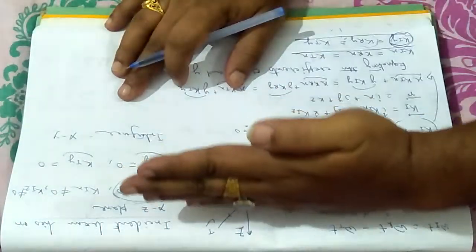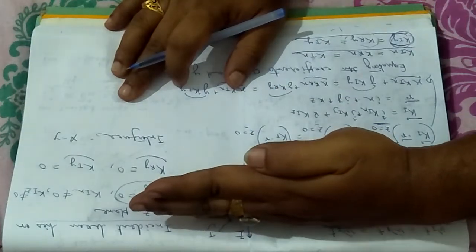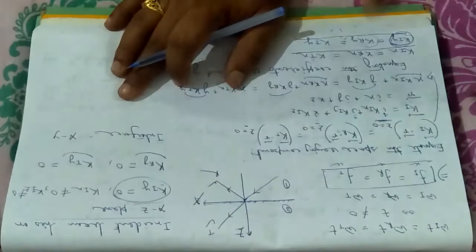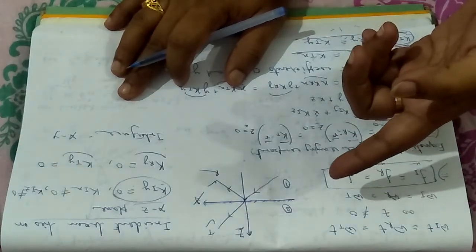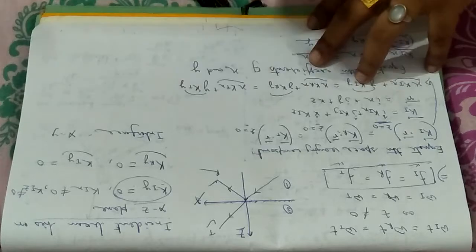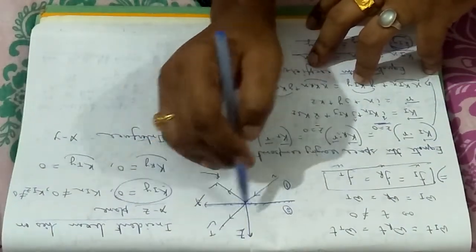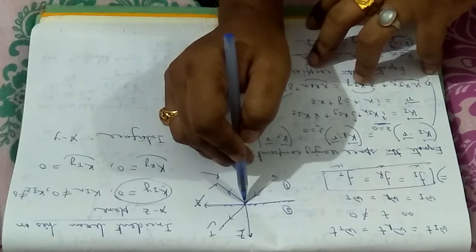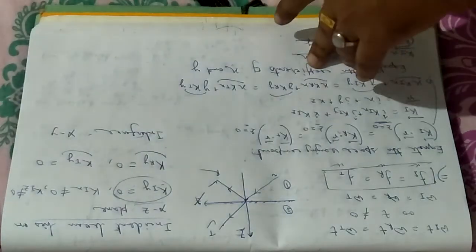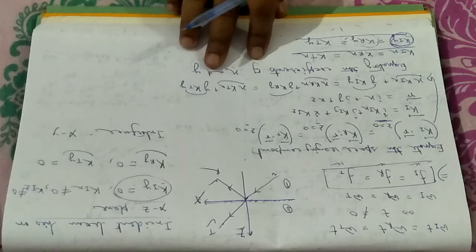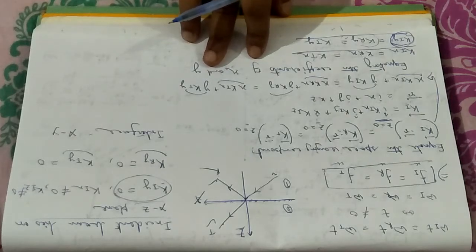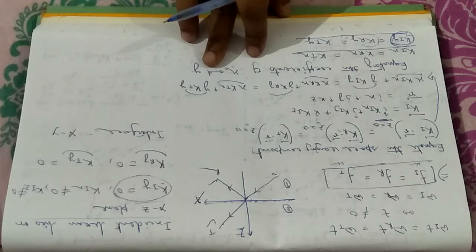So if you consider this is the xy plane, and you draw any normal on the xy plane, this will lie on the xz plane. So now we can conclude that the incident ray, reflected ray, transmitted ray and the normal drawn on the surface lie in the same plane. So this is the second law of reflection, hence proved.